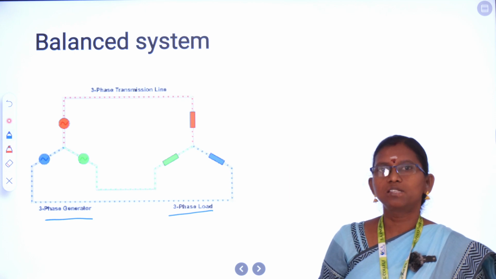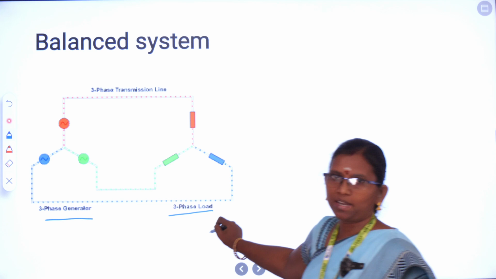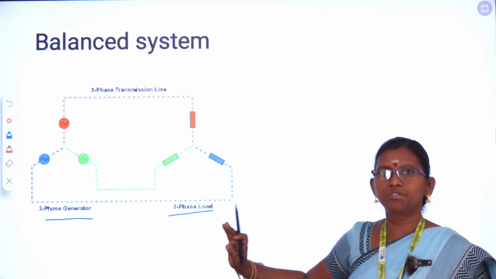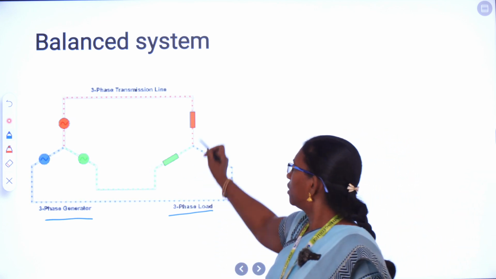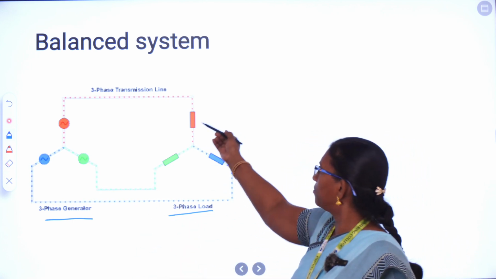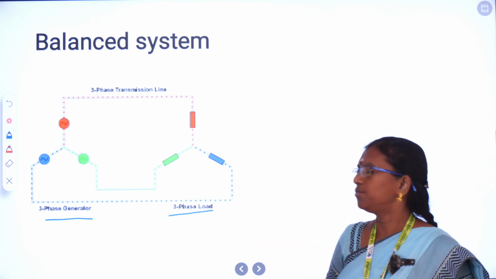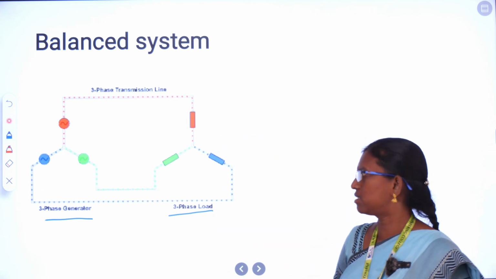When we call a system balanced, it means both the ends must be balanced. So that is the actual definition of a balanced system. If any one of the sides is not balanced, which means all the impedances are not equal and all the currents carried by the phases are not equal, then we call that an unbalanced system.